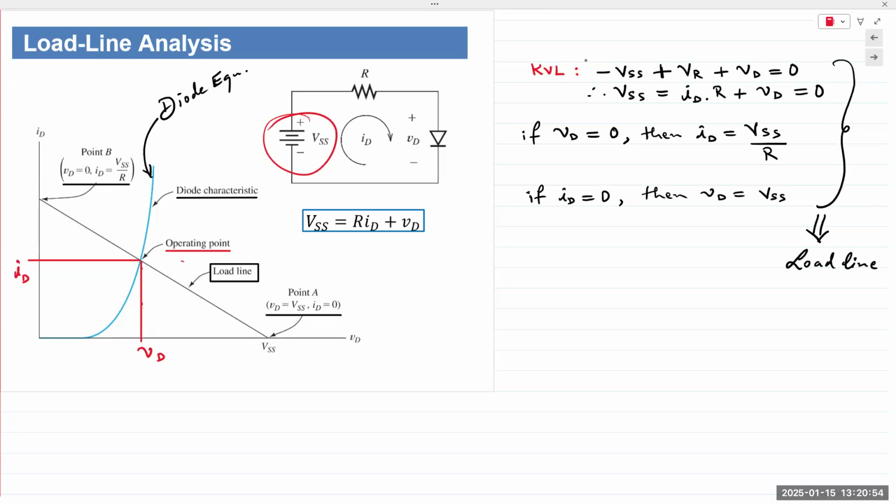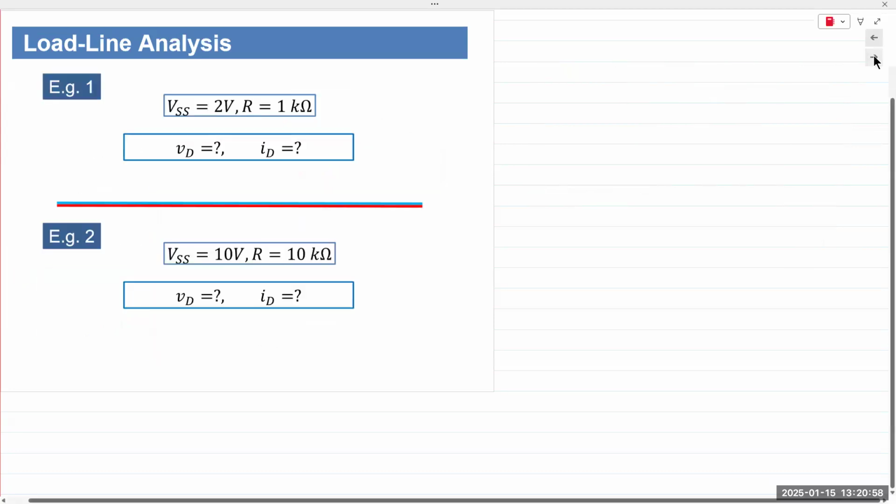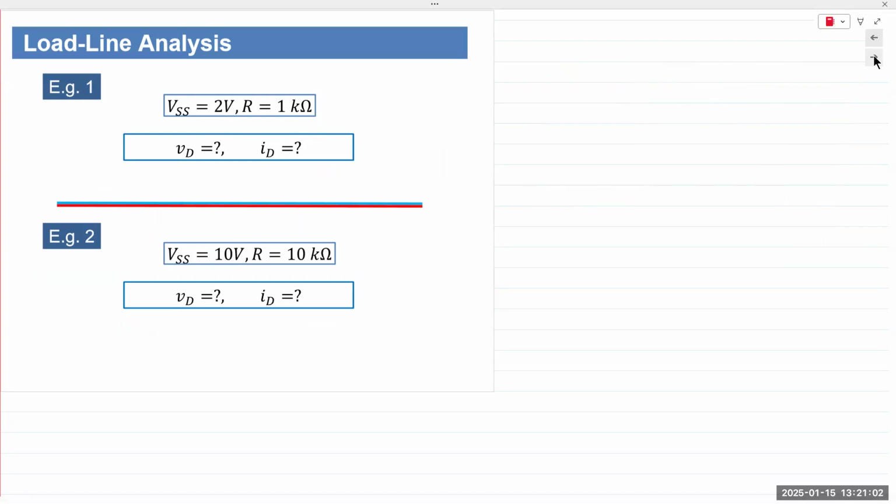All right, let's take a look at an example. So we have in example 1, VSS is given to us as 2 volts, R is given to us as 1 kilo ohm. The circuit is the one that we saw previously. We need to plot the load line and determine the values for VD and ID.